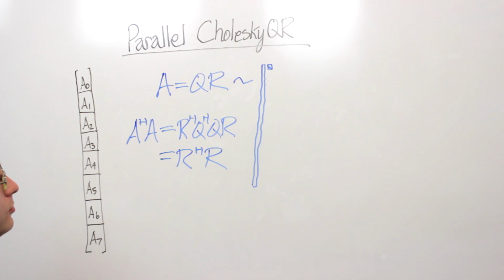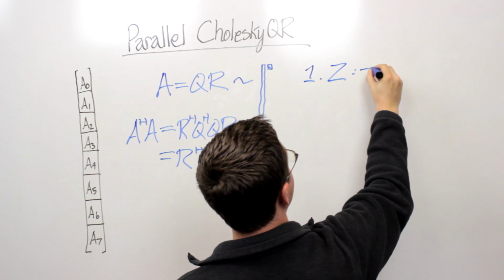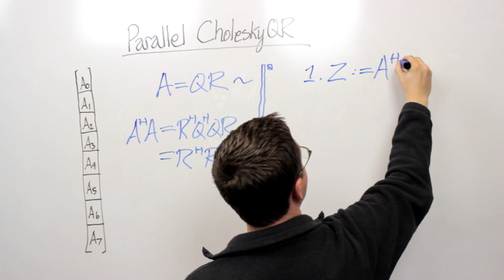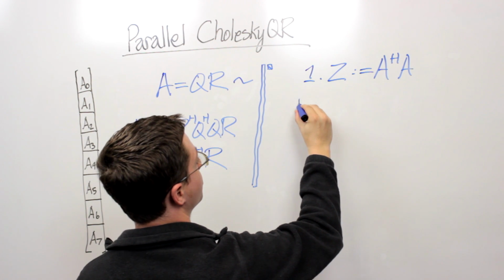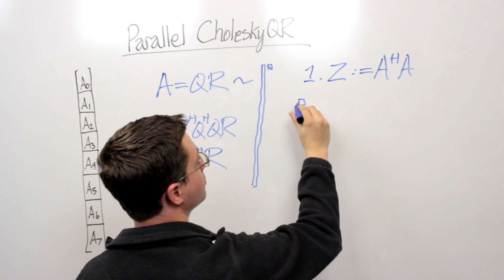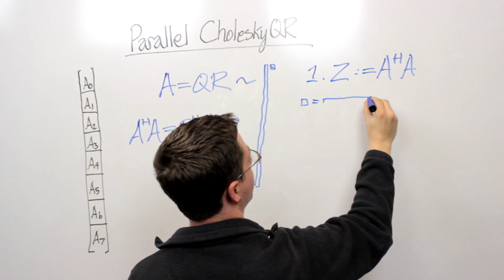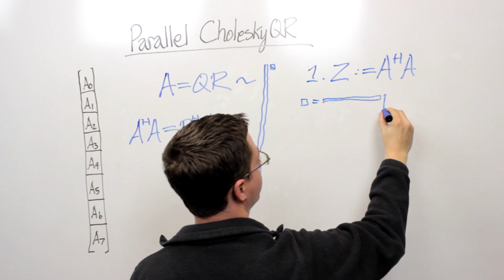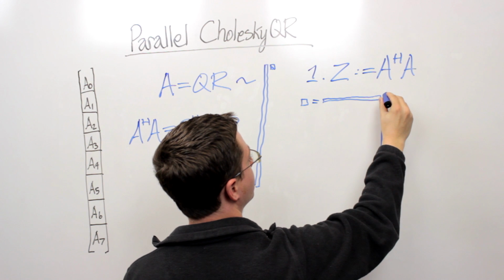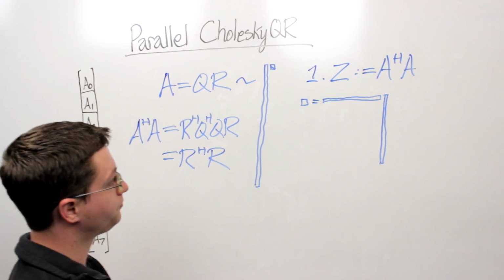The first step would be to form Z equal to A adjoint A, where conceptually you can think of that as producing a really small square symmetric matrix as the product of the adjoint of a very tall, skinny matrix multiplied by itself.